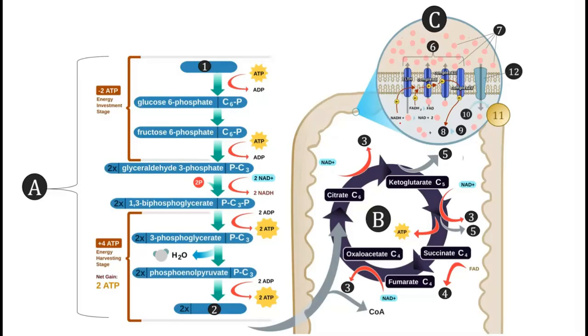Okay. Now, there's a couple other things that can happen that we won't get into, like fermentation. If oxygen's not around, then we have to find some way to keep glycolysis going, sort of the regeneration of NAD.